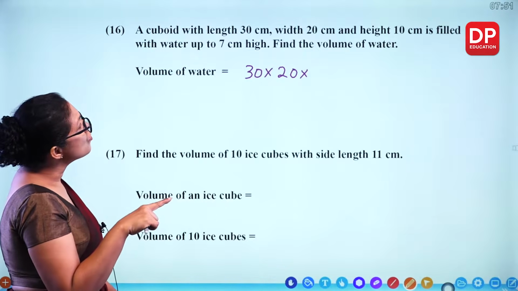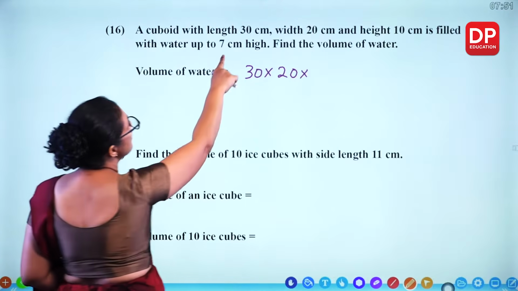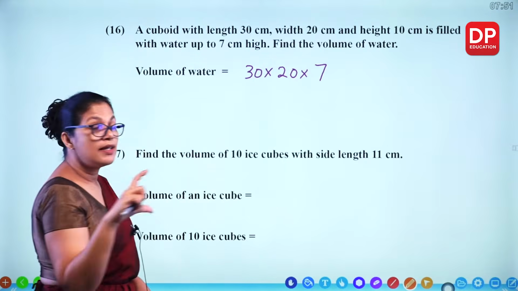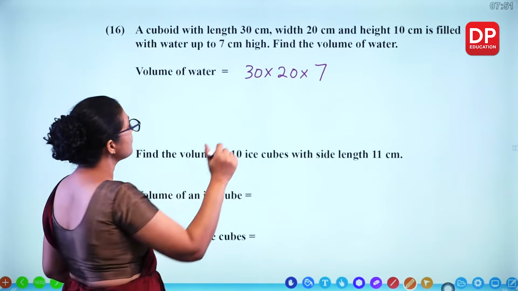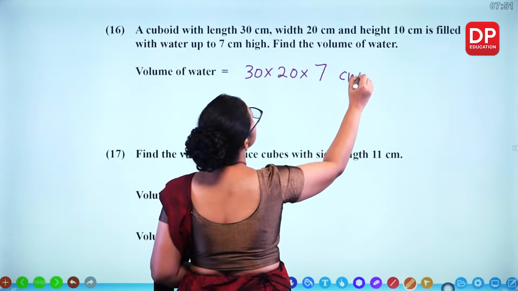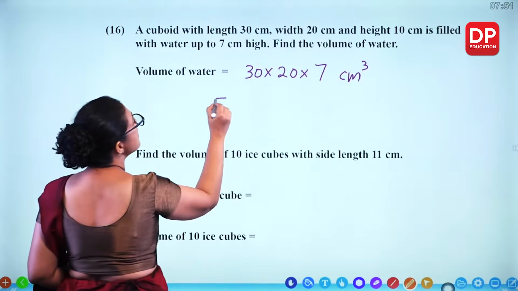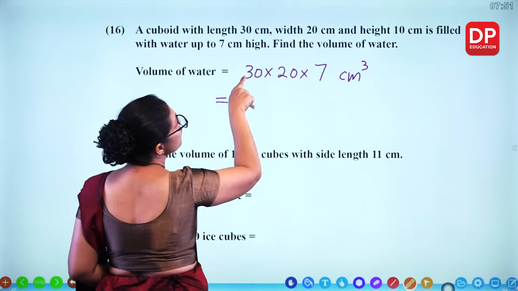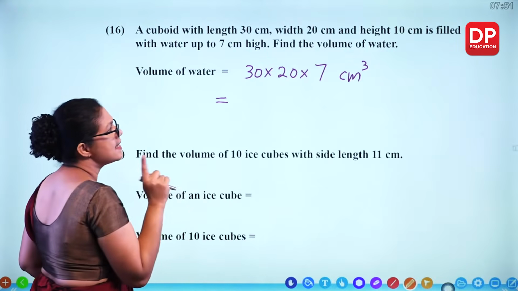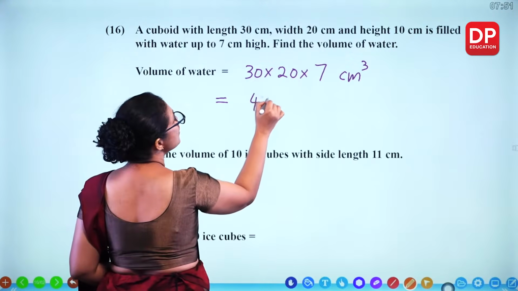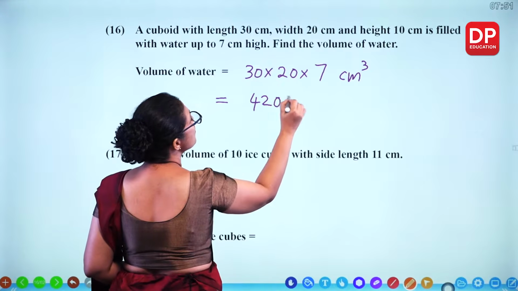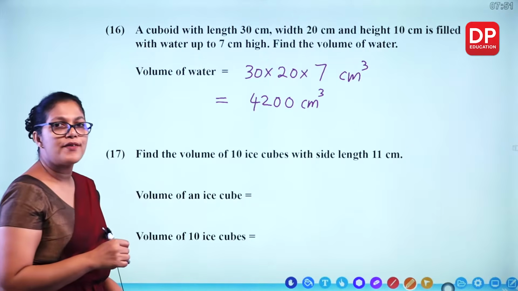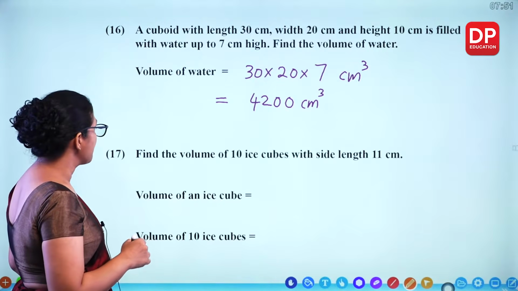So you are asked to find the volume of water, you have to take 7, not 10. 10 is the height of the cuboid. So volume of water is in cubic centimeters. What's the value? 3 times 2, 6. 6 times 7, 42. And 2 zeros. So 4200 cubic centimeters.